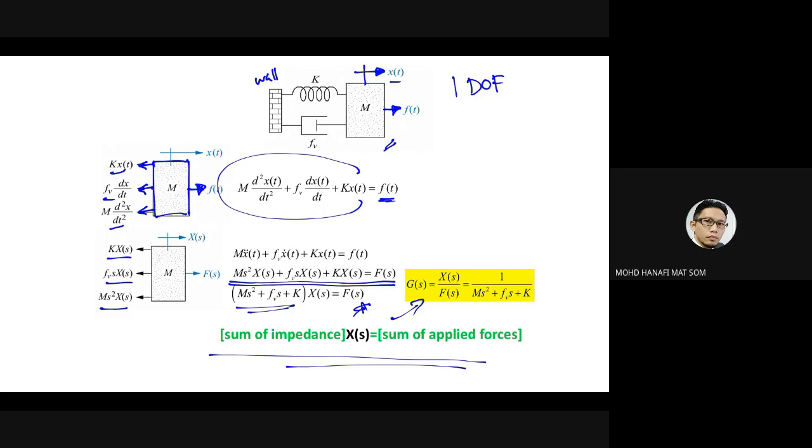In this case, this is the sum of impedance, and this is the sum of applied force. Since it's only 1 degree of freedom, you only have one translation move, Xs. Okay, any question?